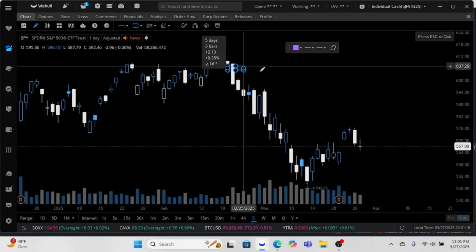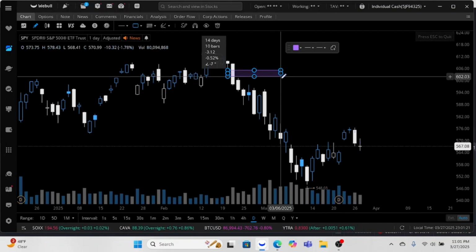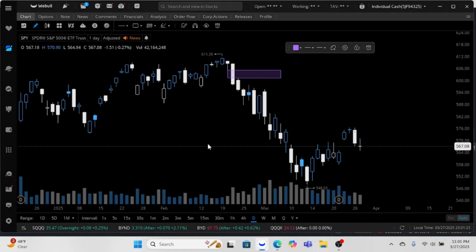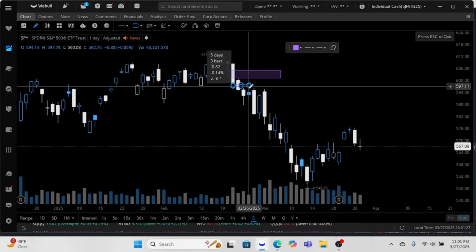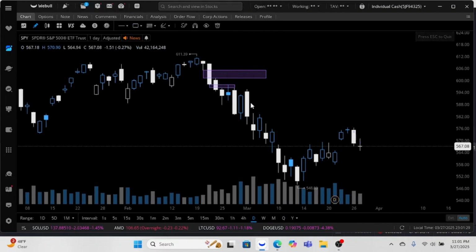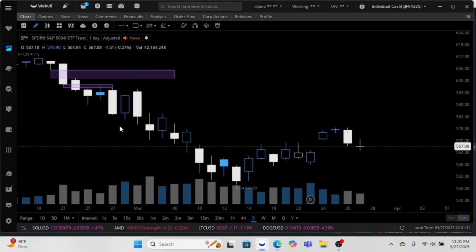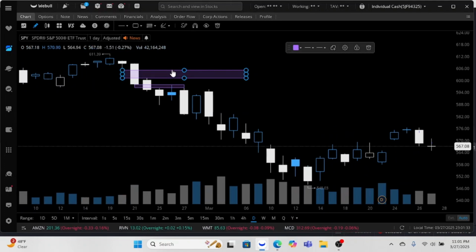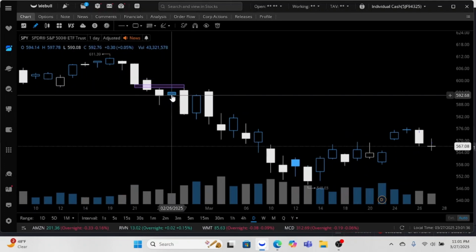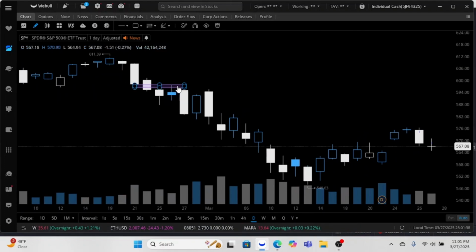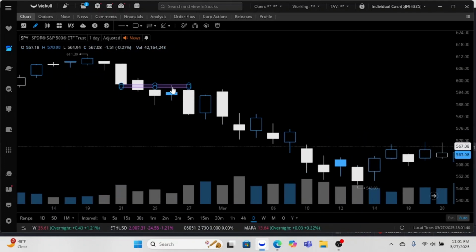This fair value gap right here. This one right here. See how this candle comes right into that fair value gap? We're going to get to that in a later episode, but it's a little bit of foreshadowing.